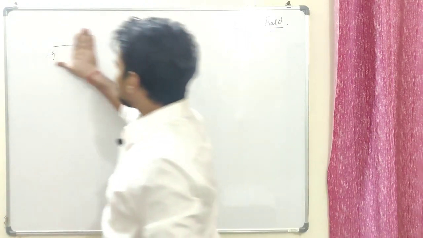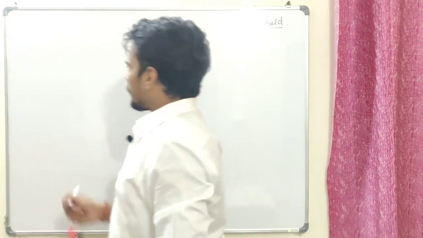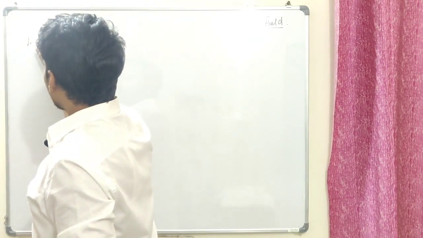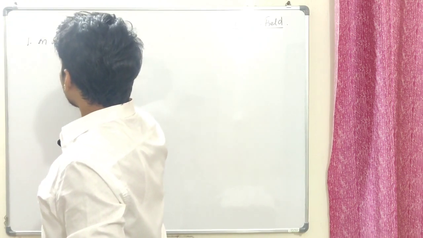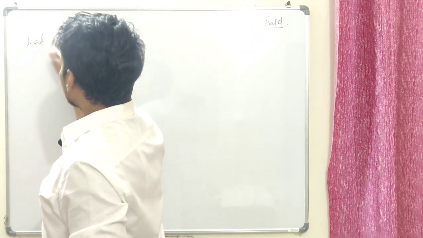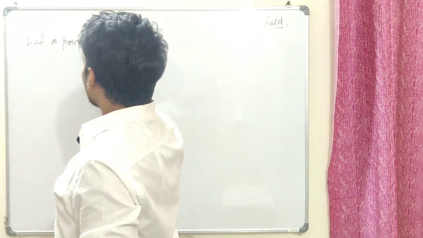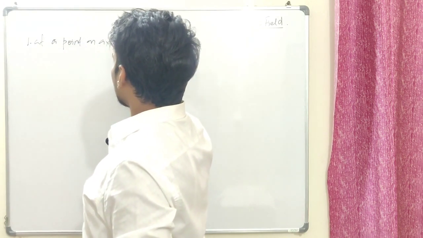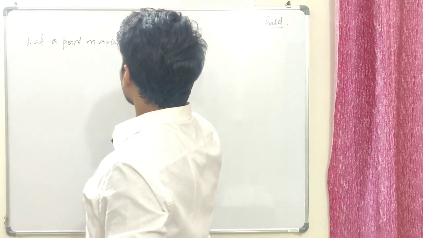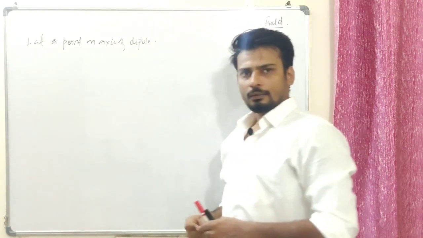Okay, now let's say the first thing, write it down please everyone: at a point on the axis of the dipole. That's the first thing that we're going to be doing right now.